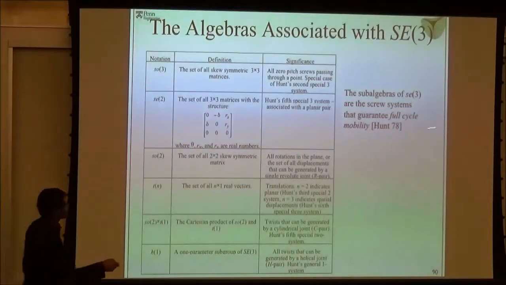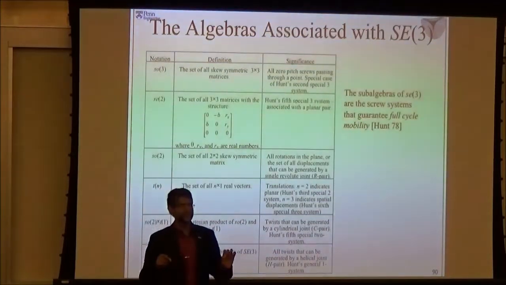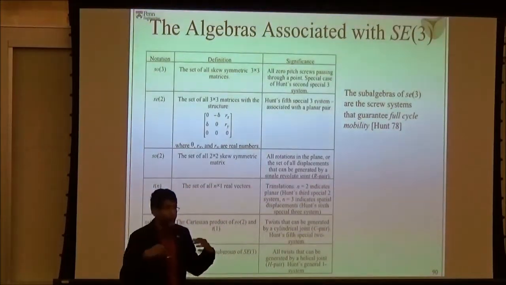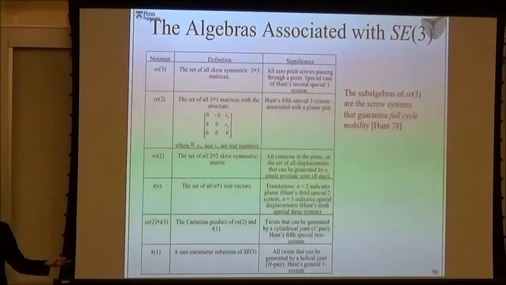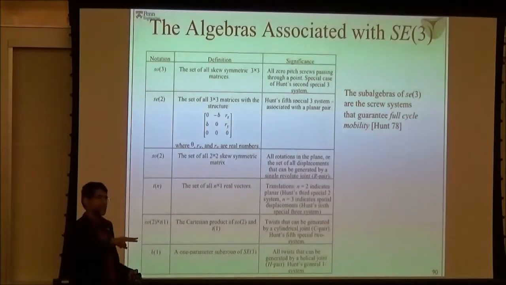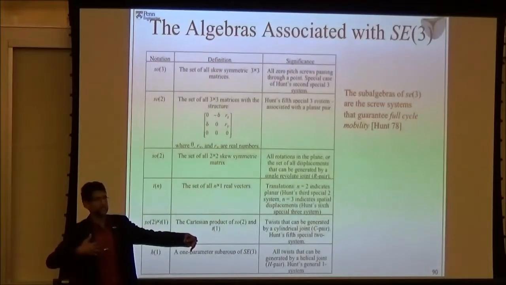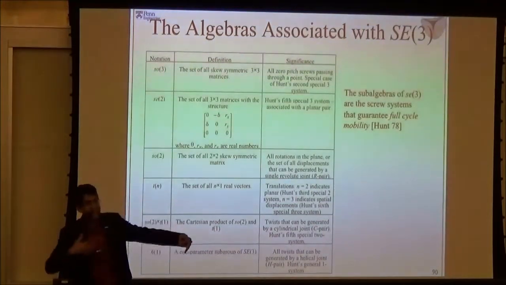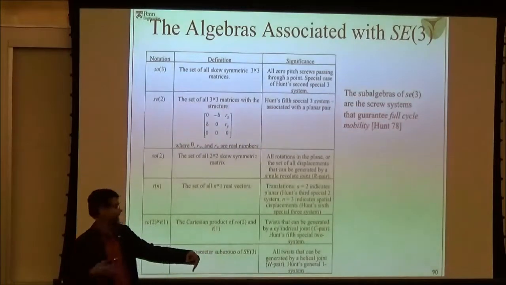In Hunt's book, these are the screw systems that he singles out because those screw systems also allow you to design for finite motion. And the idea again is very simple. If you have a Lie bracket operation, and after the Lie bracket operation you stay in that space, then there's finite motion that's possible. And if there's finite motion that's possible, then you can also think about it in the context of mechanism design.